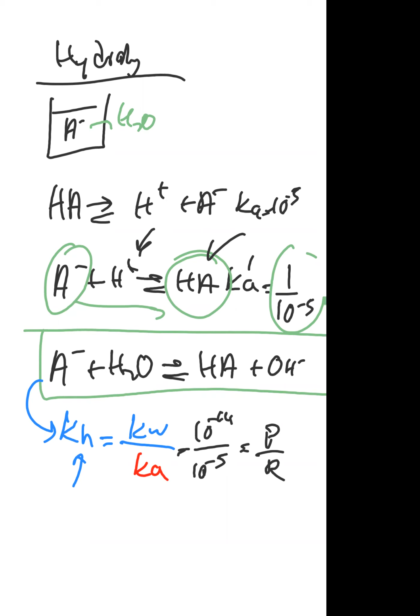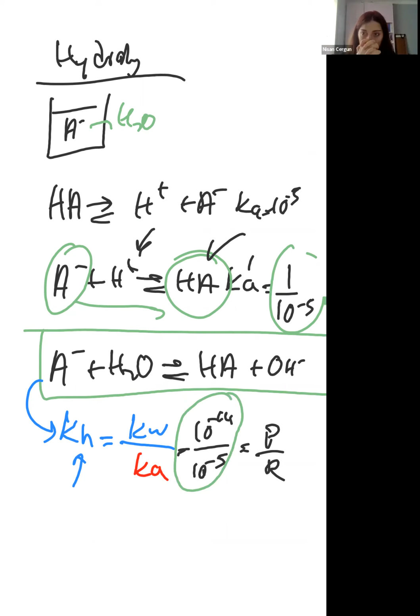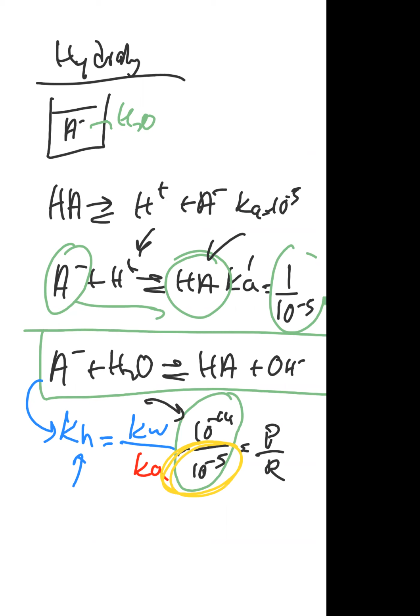And for each hydrolysis equilibrium, we have to calculate this hydrolysis equilibrium constant for each equation, because we always have a unique Ka constant value, while we are dealing with the same and constant K water equilibrium constant. Each time, we have to calculate the constant for our hydrolysis reaction.